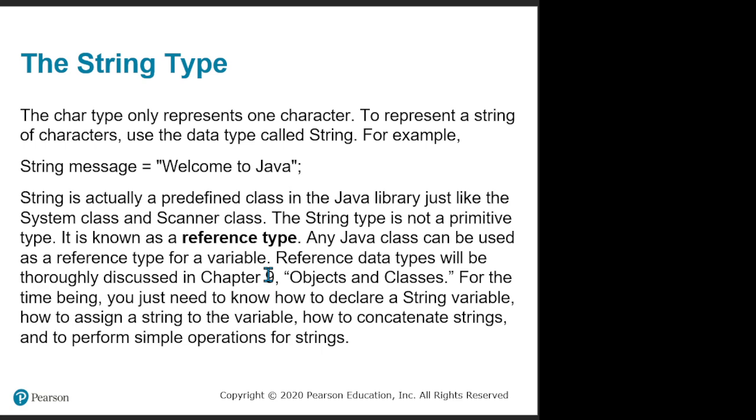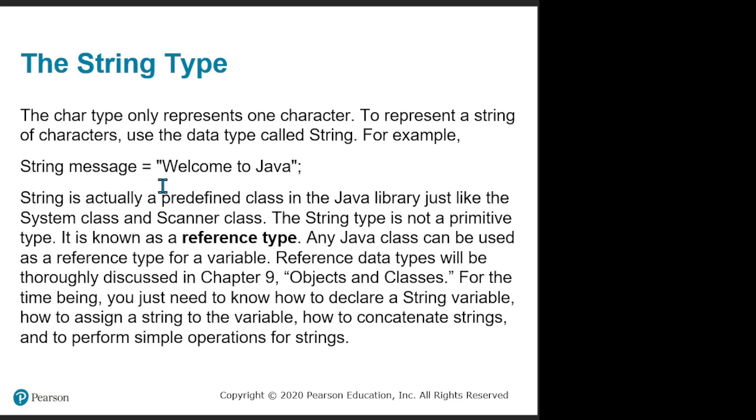Right now, we can treat it like a variable, like we have been doing with the scanner object, and then we get those special methods like .next that help us use some routines built into the class. And so what we're going to do is look at some things that string objects do and what can be stored in a string.